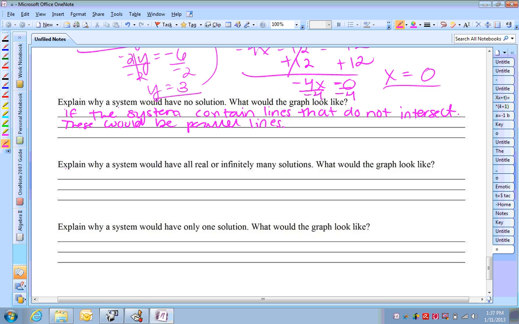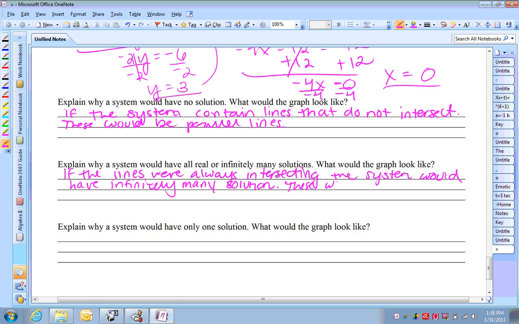Okay, in the second problem it says explain why a system would have all real or infinitely many solutions. What would the graph look like? If the lines were always intersecting, the system would have infinitely many solutions. Okay, and the lines that are always intersecting are coinciding lines.